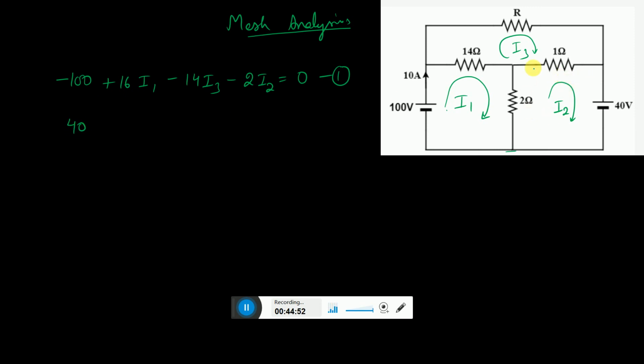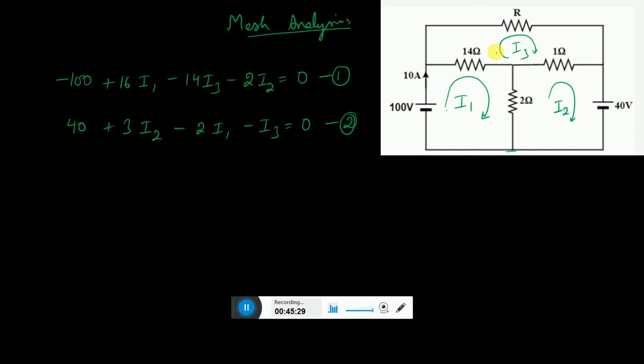Then the resistances are 2 and 1 plus 3, so we have 3 times the current I2. Then this 2 is shared with the other mesh, so minus 2 I1, and this 1 is also shared with the other one, so minus I3, equals 0. This is equation 2.